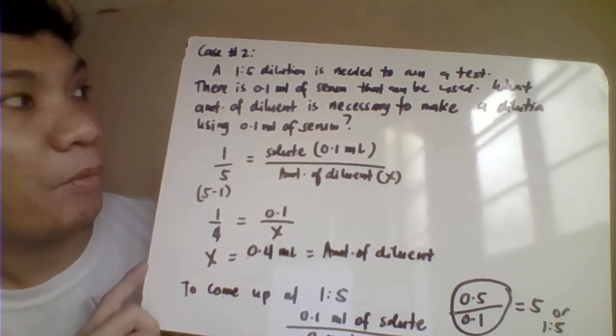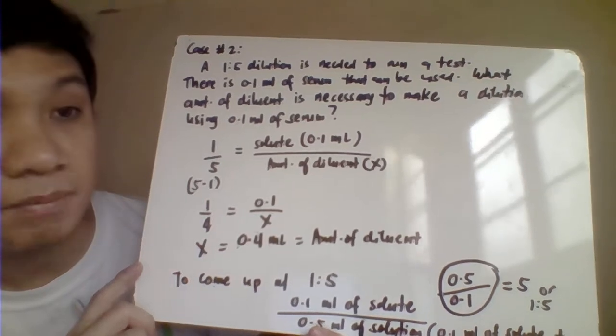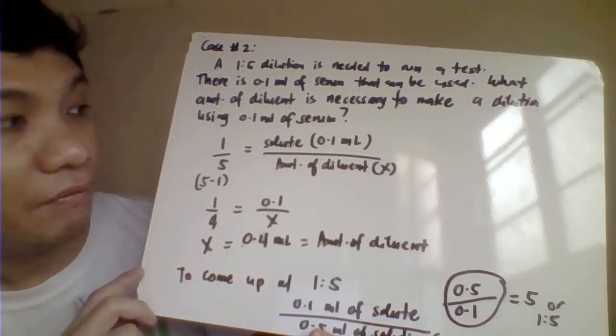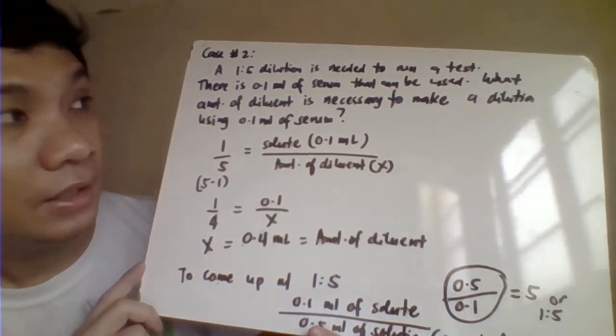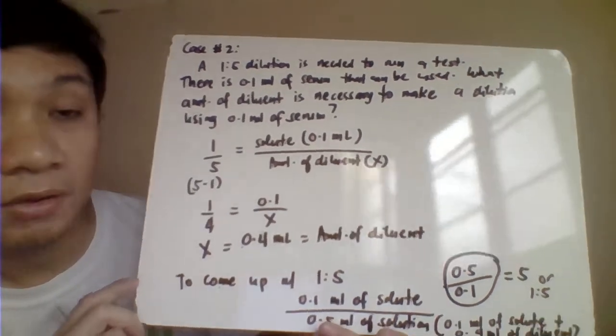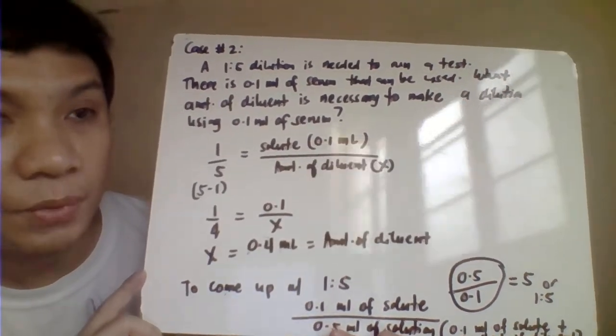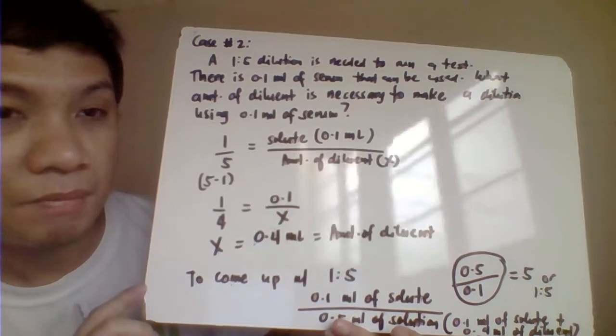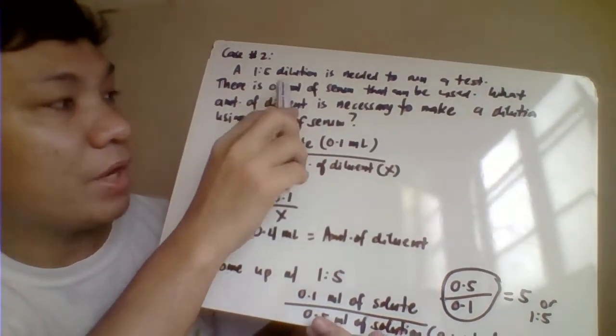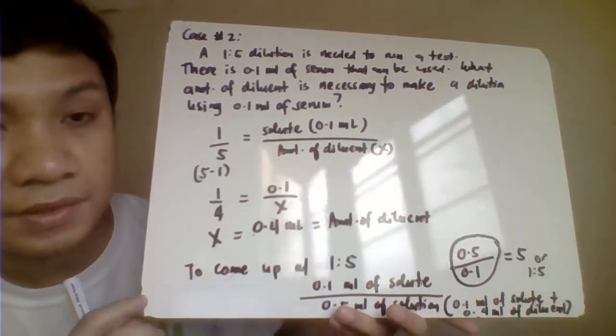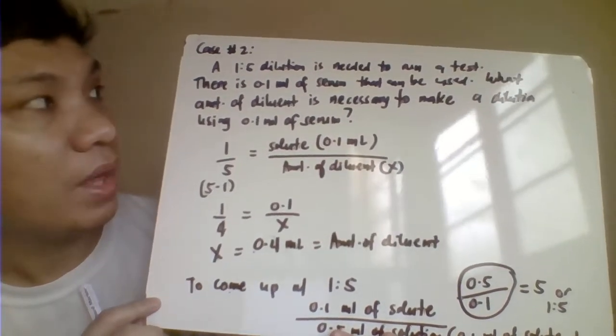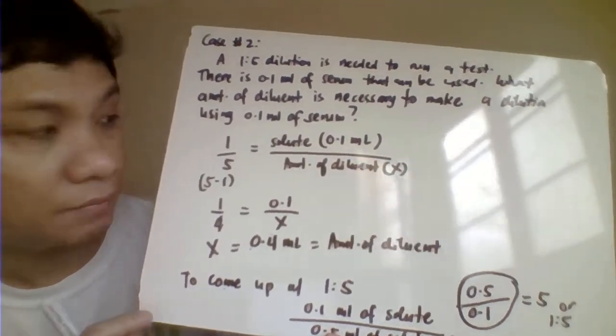You have only 0.1 ml of the serum, which is the volume of your solute. The question is what amount of diluent are you going to add to your 0.1 ml of serum, your solute, to come up with your 1:5 dilution.